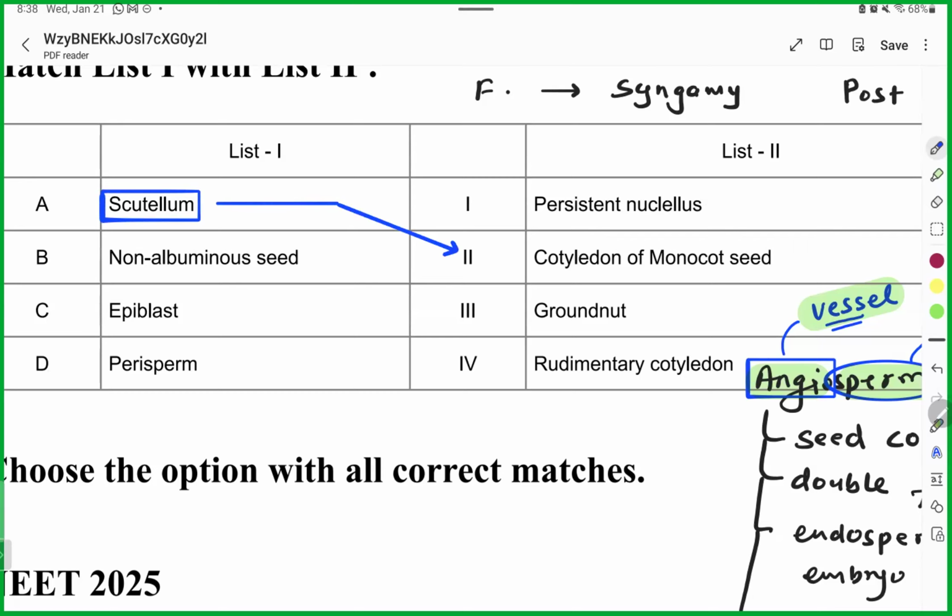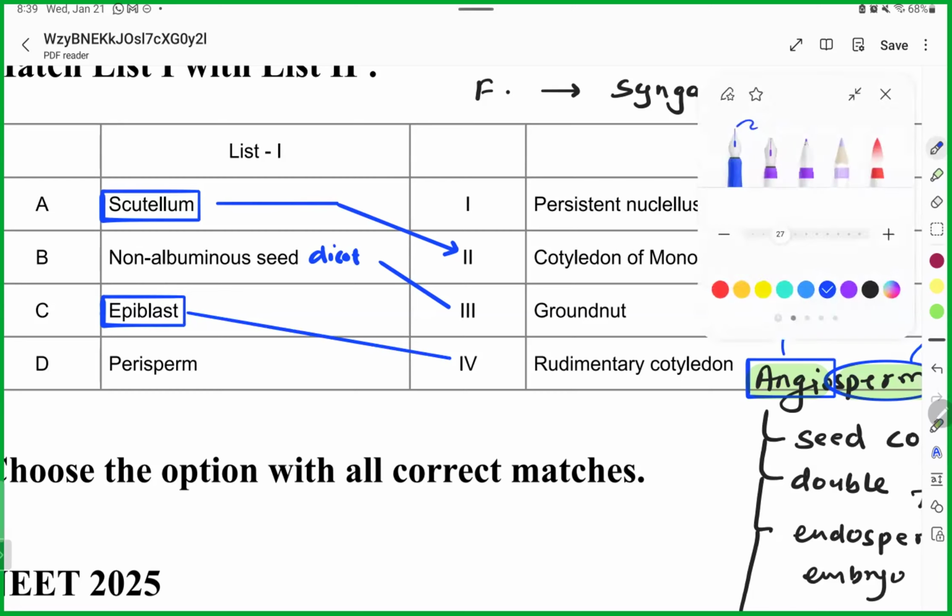Second, Sarah, non-albuminous seed. It's groundnut. Groundnut is a dicot. Usually, not always. Third, Chandana, epiblast. Rudimentary cotyledon. And fourth, perisperm, there is one option left.